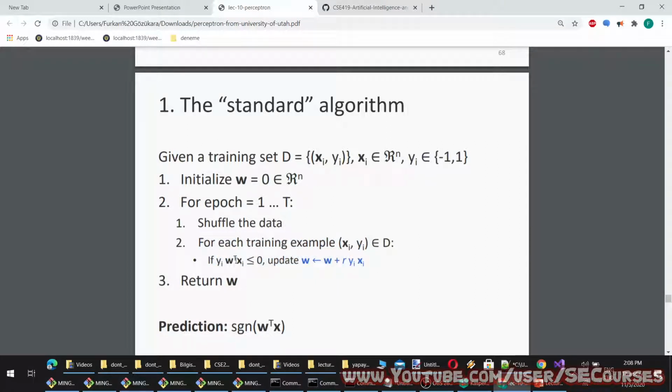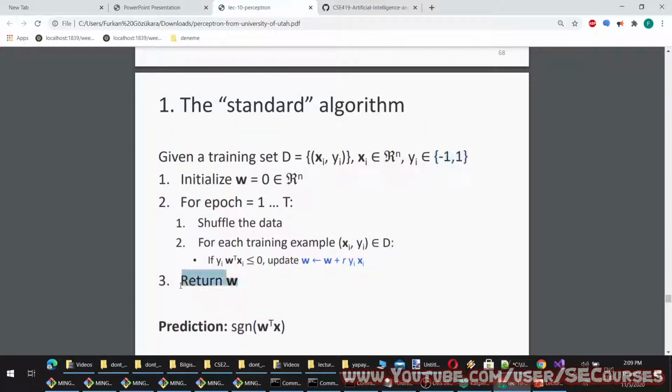Okay, so this means that the new weight, with xi meaning each feature, is updated as weight becomes weight plus r times i times xi, where i is the class output, the classification output.